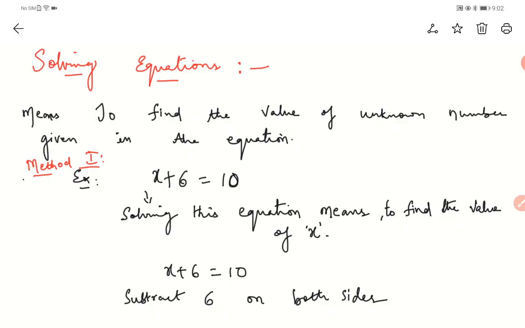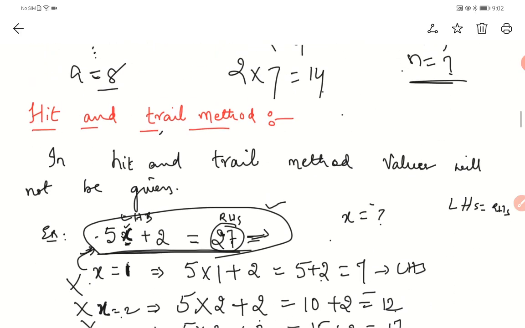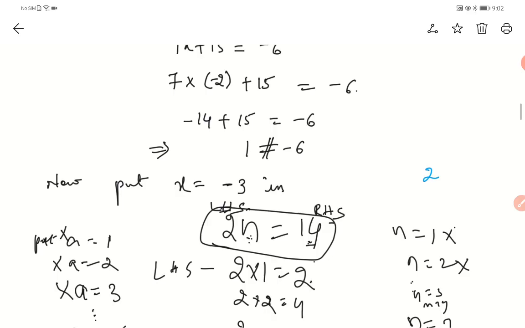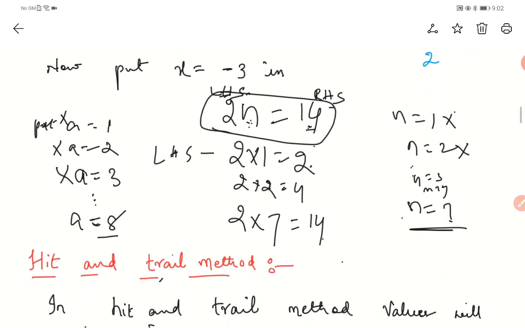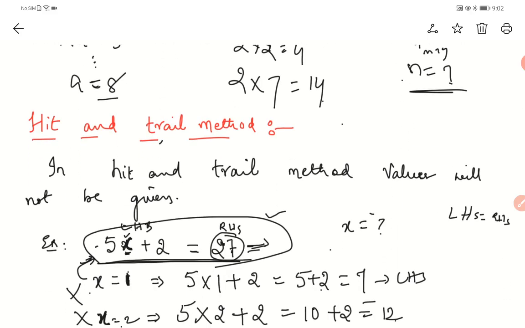Before that, we had seen how to get the value of x by the hit and trial method or trial and error method. It is one and the same. You can call it trial and error.